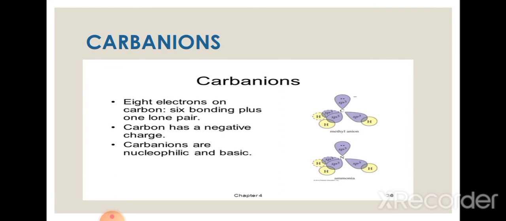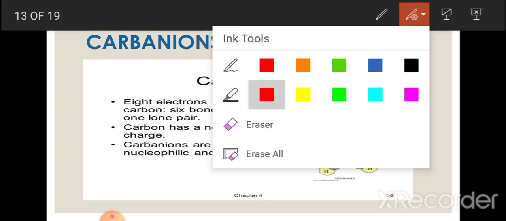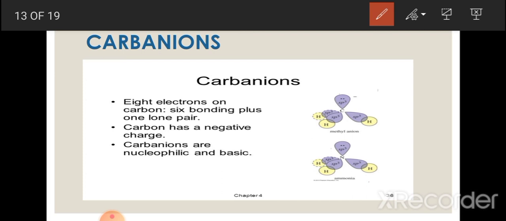Let's move on to carbanions. Carbanion is a chemical species having a carbon atom containing 8 electrons in its valence shell and bearing a negative charge. Carbonium is positive, carbanion is negative, free radical is without any charge. See here, in this you can see 2, 4, 6, and this 2 lone pair of electrons.